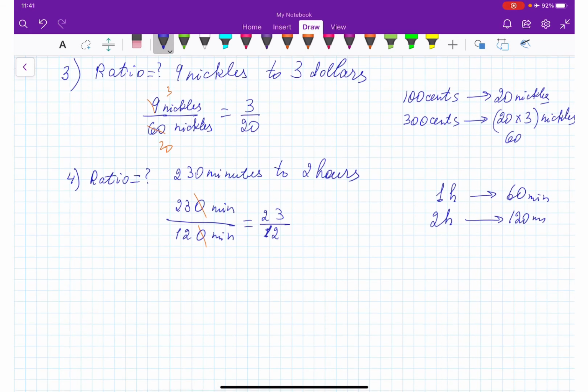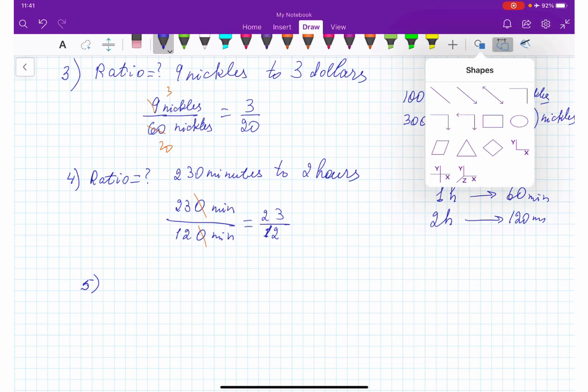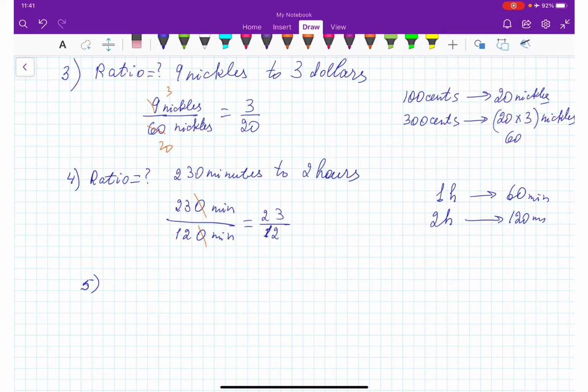Question number 5. Find the ratio of the length to the width of the basketball court shown below. Okay. Basketball field. All right.